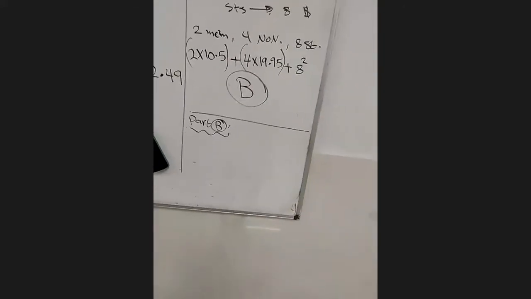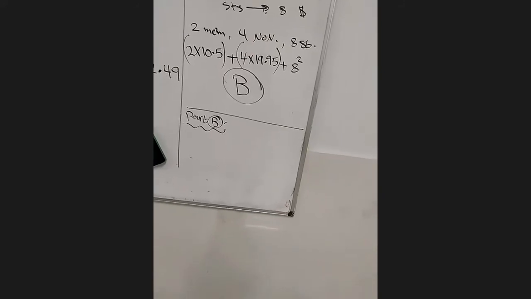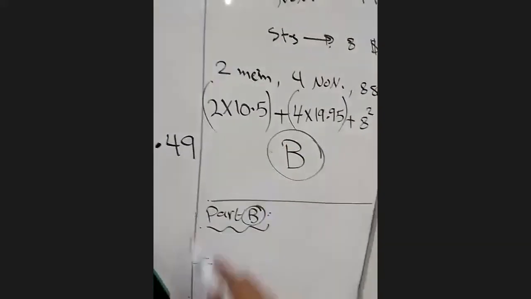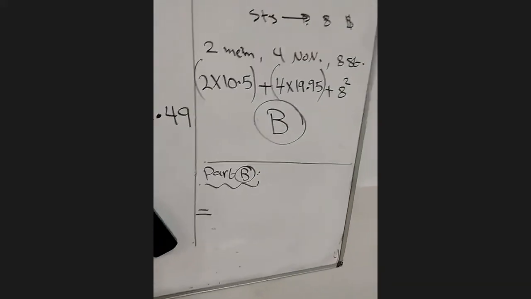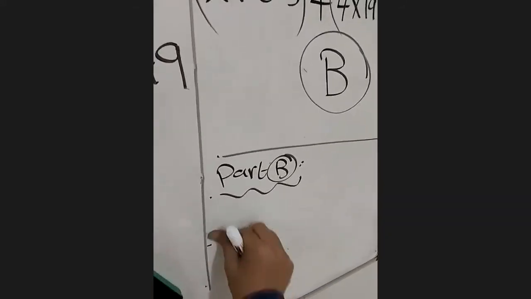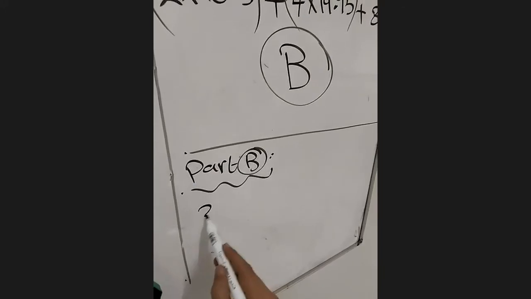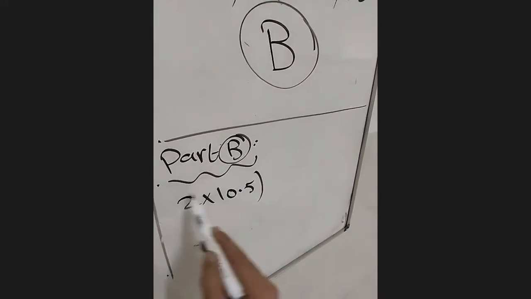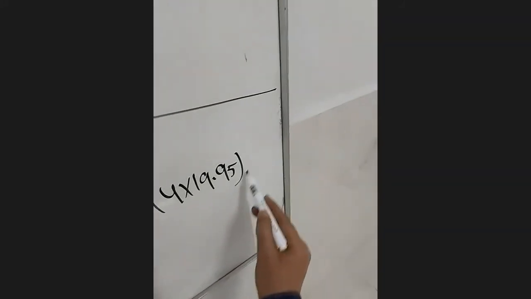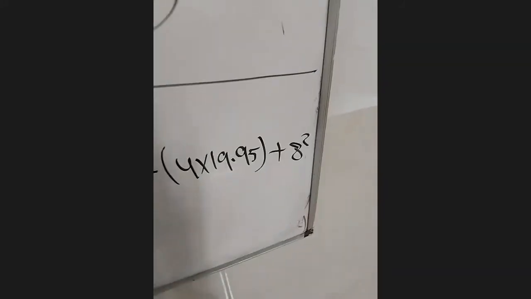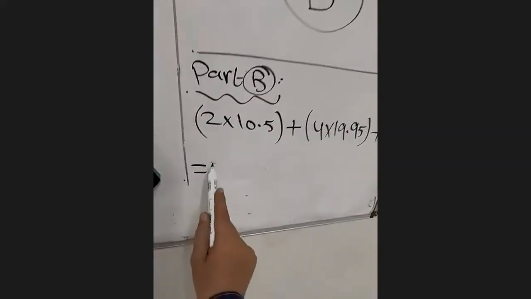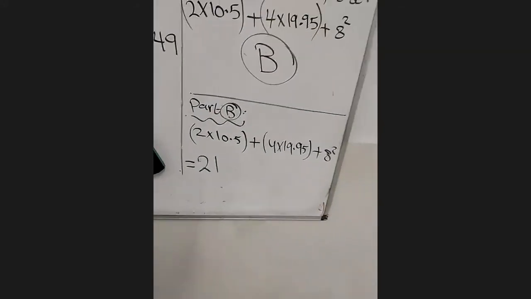First, we go to the brackets. 2 multiplied by 10.5 equals 21. So I'll write the expression: 2 multiplied by 10.5 plus 4 multiplied by 19.95 plus 8 to the power 2. 2 multiplied by 10.5 is 21.